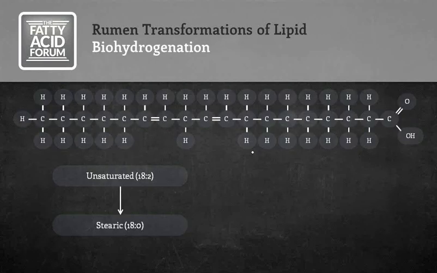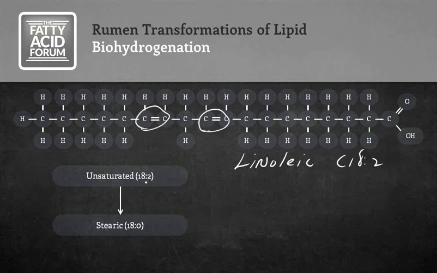Now, biohydrogenation, focus on it for a second. This is the structure drawn out for linoleic acid, which we said is the primary fatty acid normally consumed, which is a C18:2. It shows each of the 18 carbons and the 2 double bonds in the chain. The goal of biohydrogenation is to get rid of the double bonds. So we want to go from an 18:2 to an 18:0.